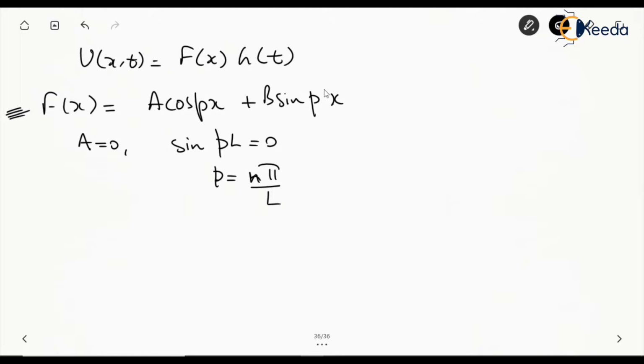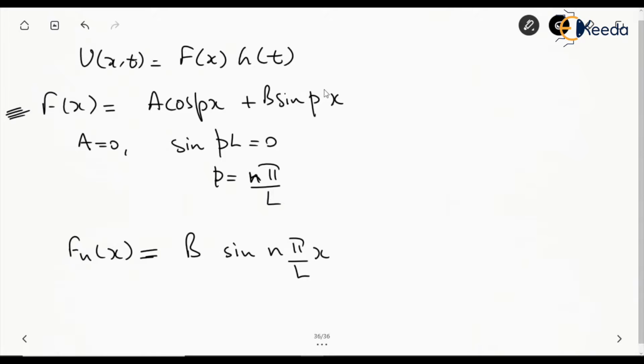So in that case, at the end, what we are left with is f of n x, which will be given by b times sin n pi by L times x. This is what we are going to get as a general f n of x.